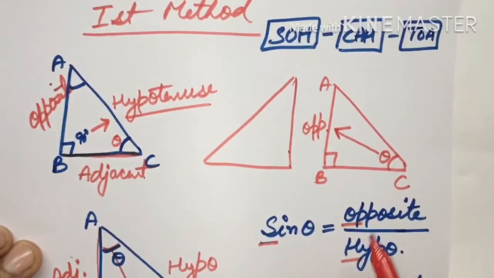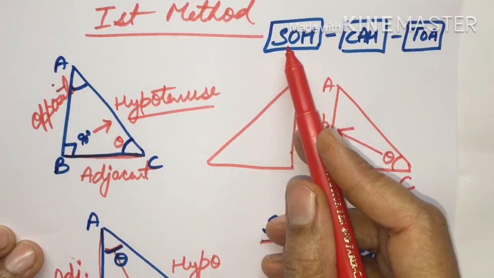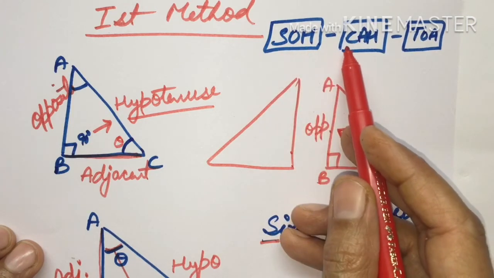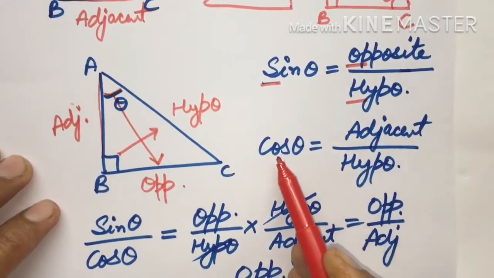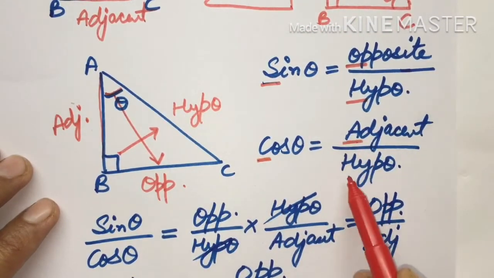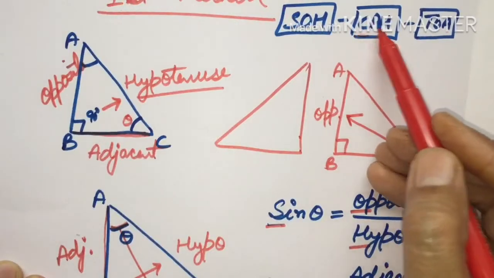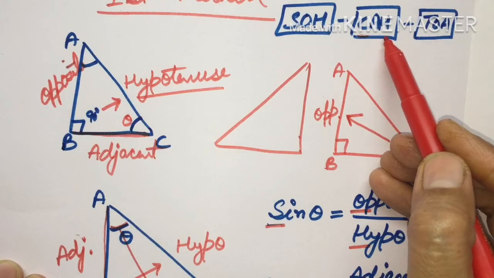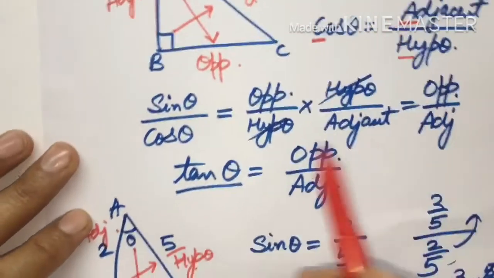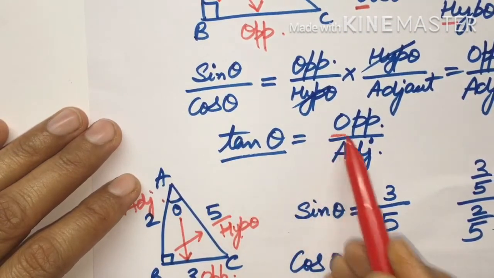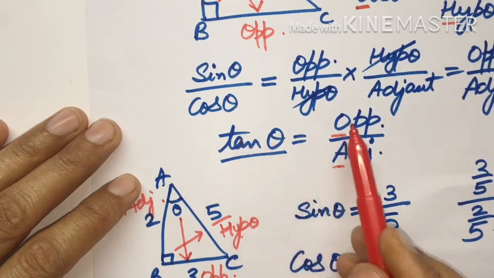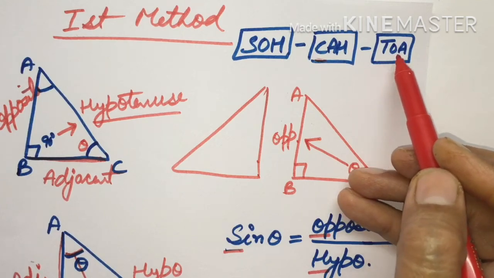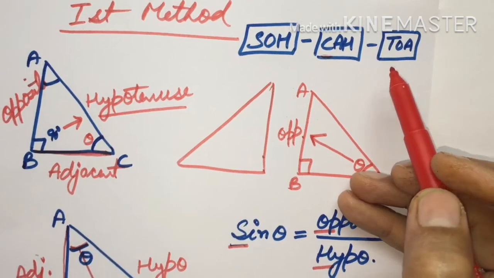SOH: sine is equal to opposite upon hypotenuse. CAH: cos is equal to adjacent upon hypotenuse, H for hypotenuse. TOA: tangent is equal to opposite upon adjacent. TOA. Tangent is equal to opposite upon adjacent.